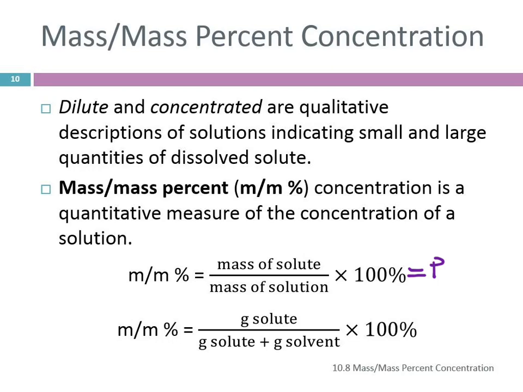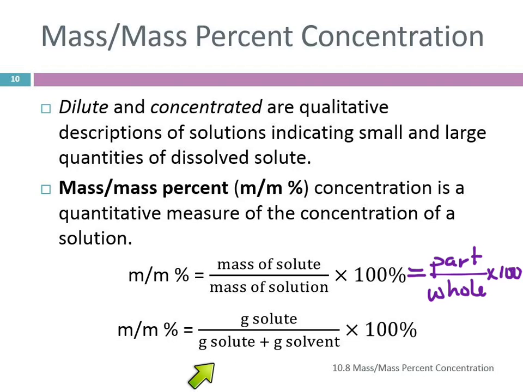The whole thing is the mass of the whole solution. The part is the solute that's dissolved. You've got a sodium chloride solution. Maybe it's 0.9%. That means you've got 0.9 grams for every 100 grams of solution.